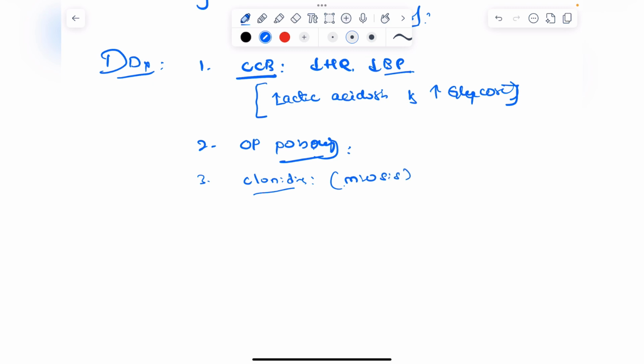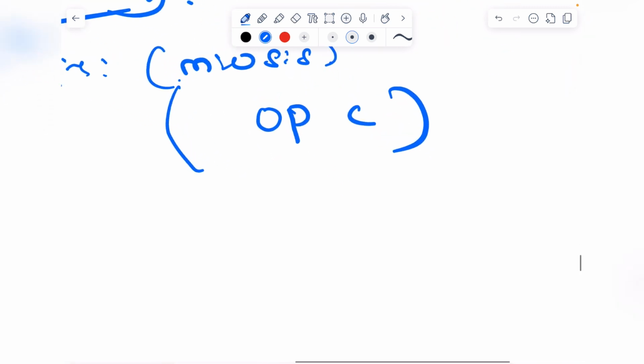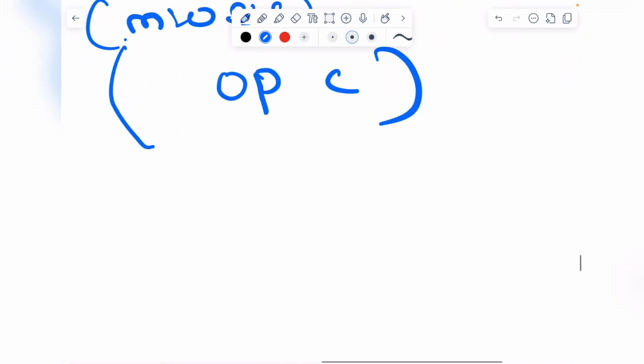So here you should know the toxic compounds causing miosis. Remember a simple mnemonic: OP compound. You see characteristically in OP compound poisoning pinpoint pupils, that is miosis. So remember OPC. O stands for opioid, as you know.